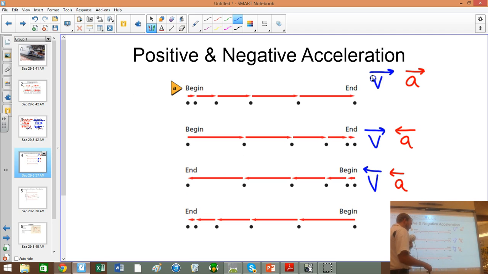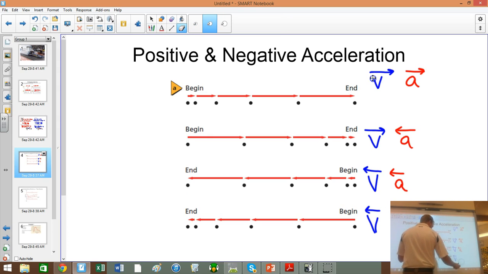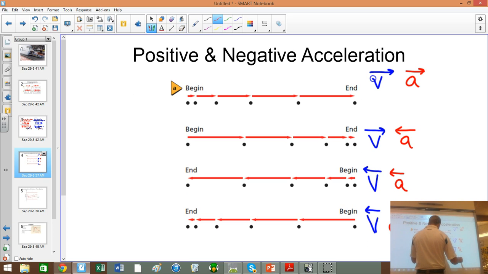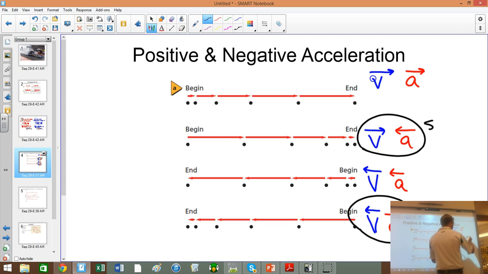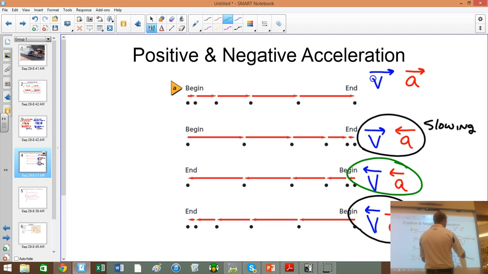In this last one, you're traveling to the left. Oh, I'm sorry, you're slowing down, which means that you're accelerating to the right. Whenever your velocity and your acceleration are in opposite directions, we call this slowing or decelerating. If ever they're in the same direction, that's speeding up or accelerating.